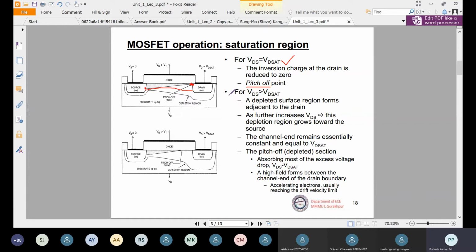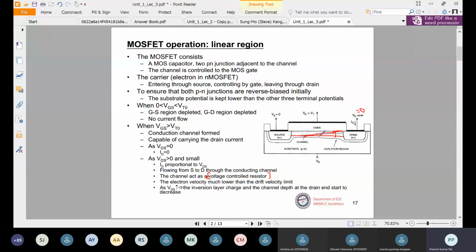And again, if we keep on increasing the drain to source voltage beyond VD set, this is called saturation. So this VD set voltage point is the point of change. Up to here, the channel has formed and the tapering of the channel is formed, and before going to the VD set point, whatever drain to source voltage we have applied will be called the linear region of operation of your MOSFET.